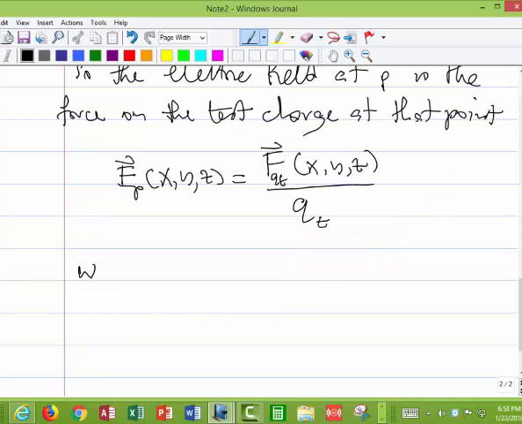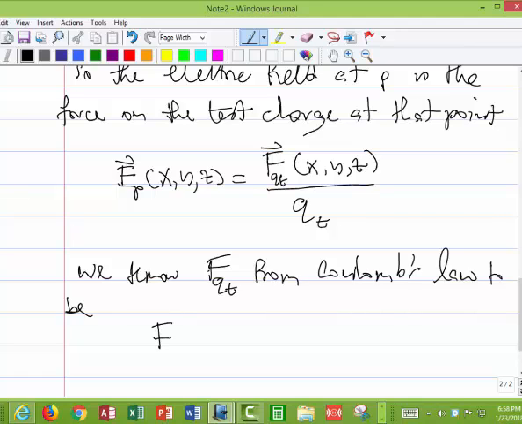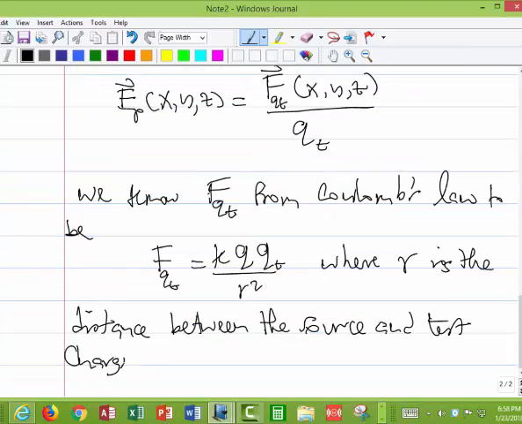We already know the force on the test charge from Coulomb's law. So the force on that charge is equal to K Q source Q test divided by R squared, where R is the distance from the source to the point. So R is the distance between the source charge and the test charge.